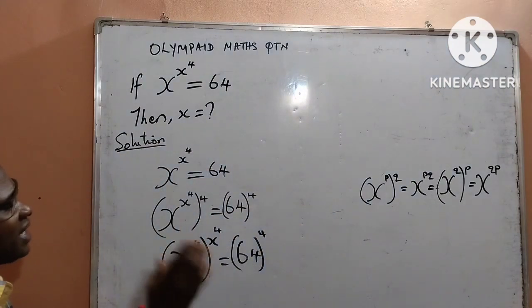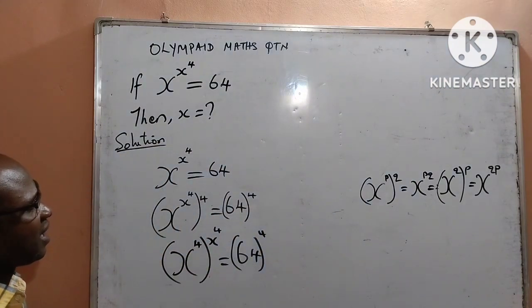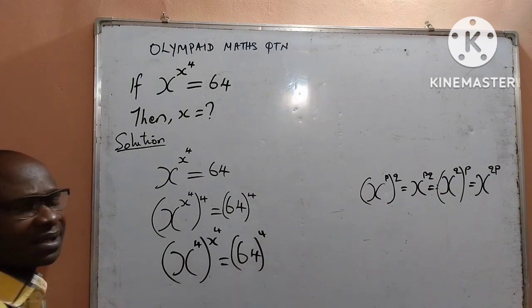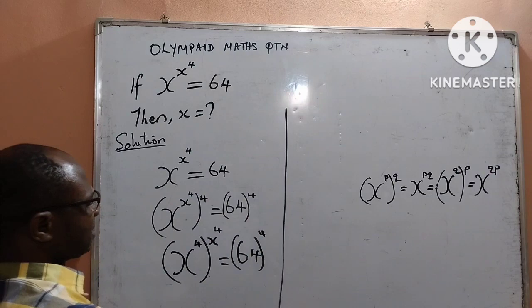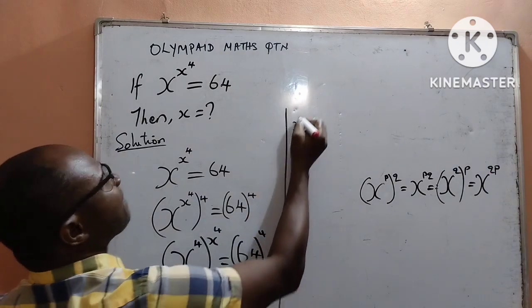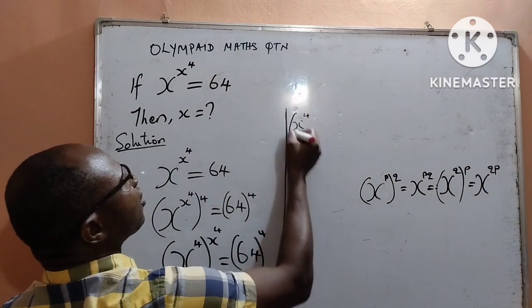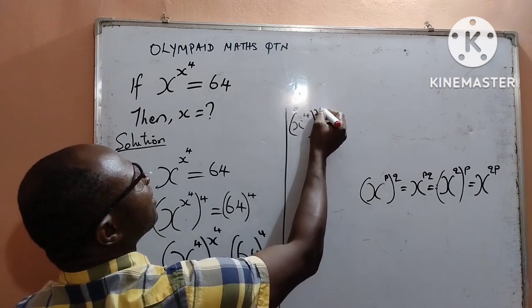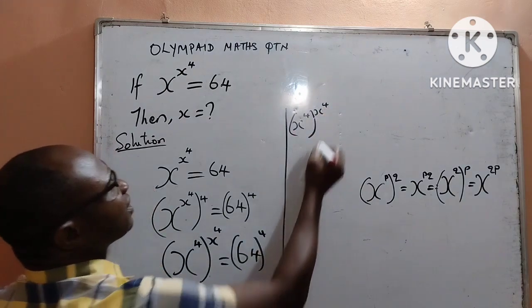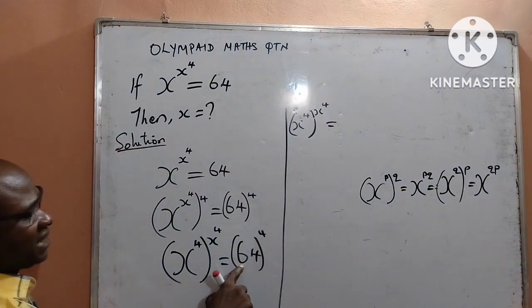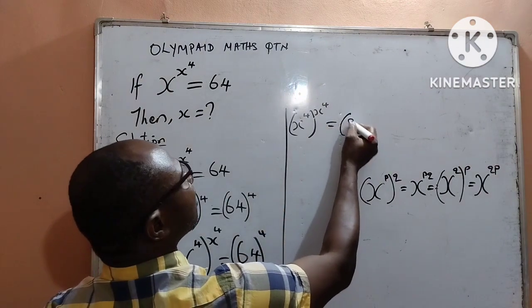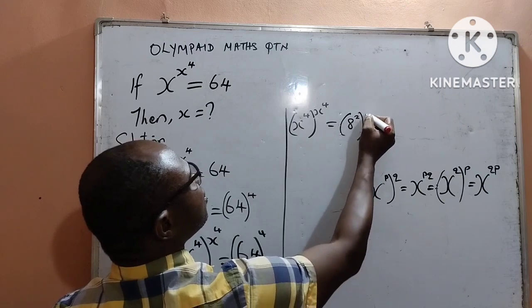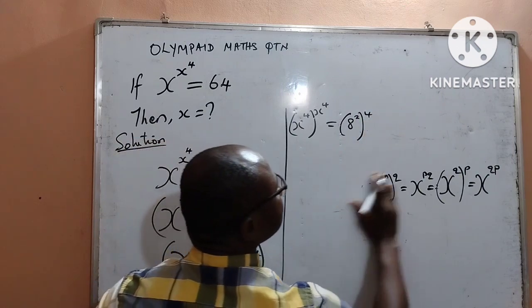Now, from my right hand side, my 64 can be written as 8 to the power of 2, all to the power of 4. Very good.